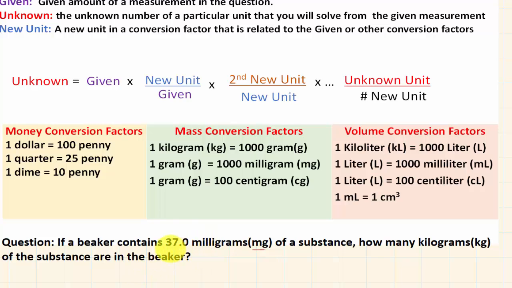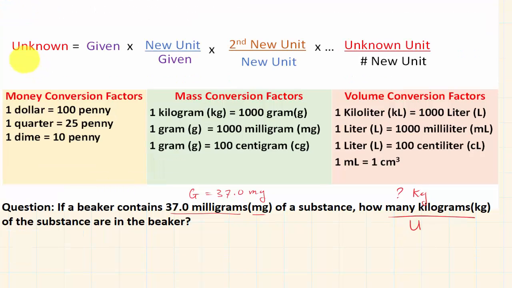So here is our given, which is 37 milligram. Okay, and we are looking for kilogram. That is, how many kilogram if there are 37 milligram. So question mark kg. Kg represents kilogram, and this is our unknown.